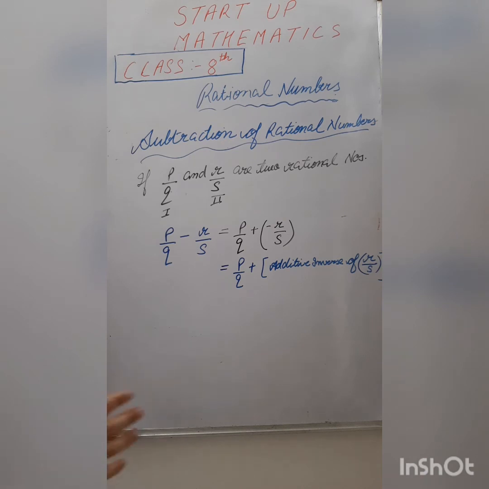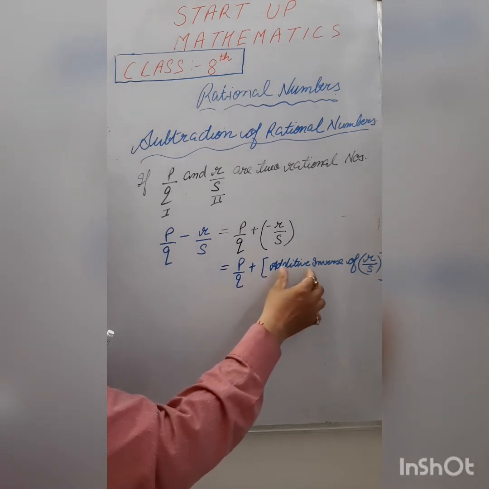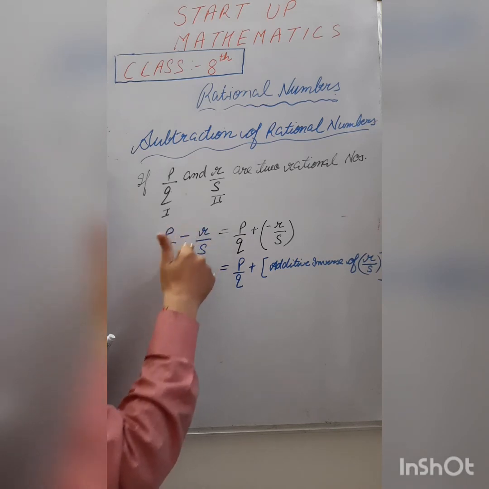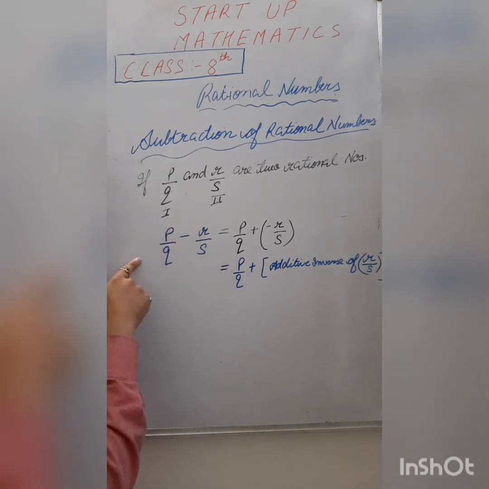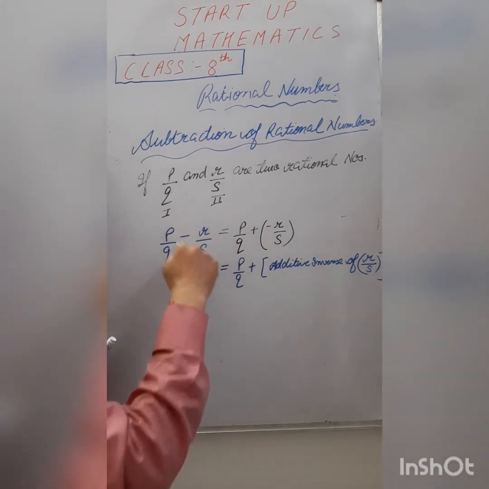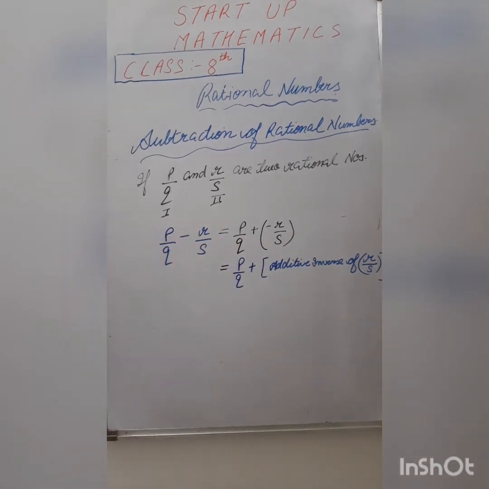Subtraction is same, means you are only adding the additive inverse. You can easily say this R by S is subtracted from P by Q, or the additive inverse of R by S is added to P by Q.